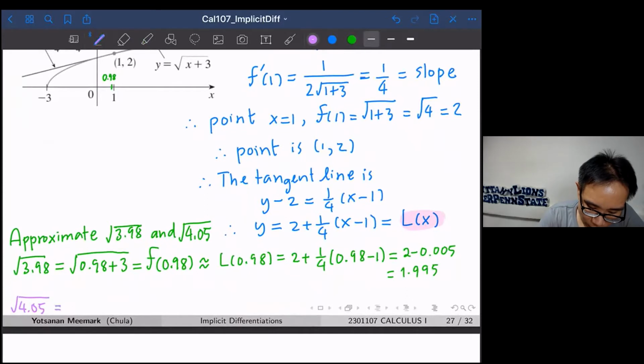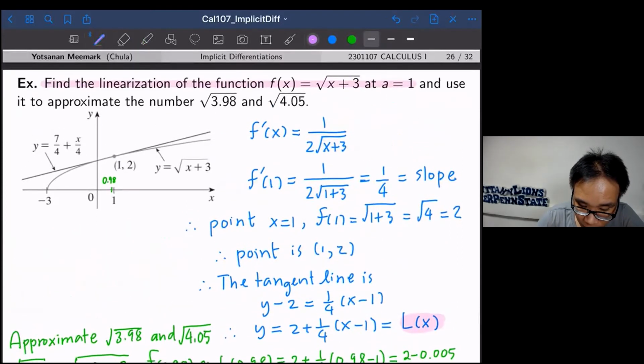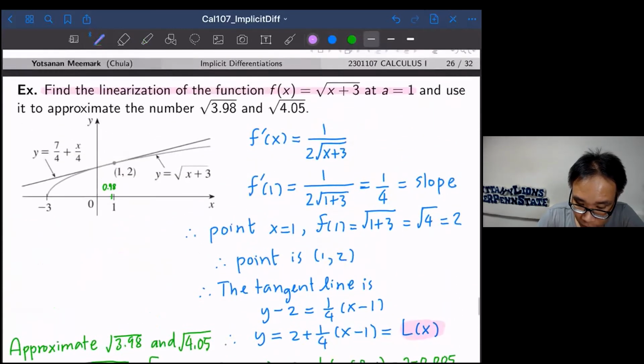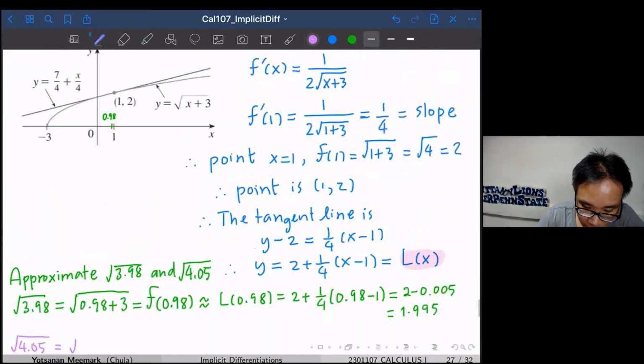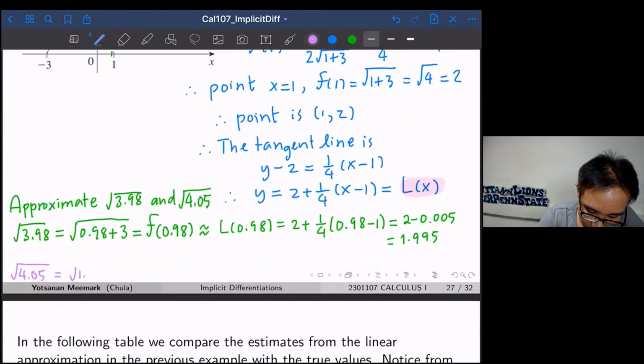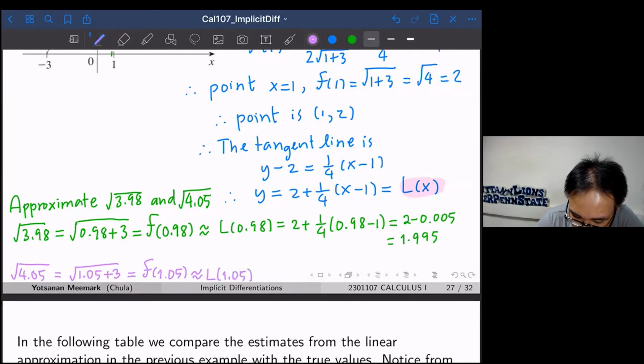So this guy will be square root of, so you need 4.05, right? So it's going to be 1.05 plus 3. So it's going to be f(1.05).